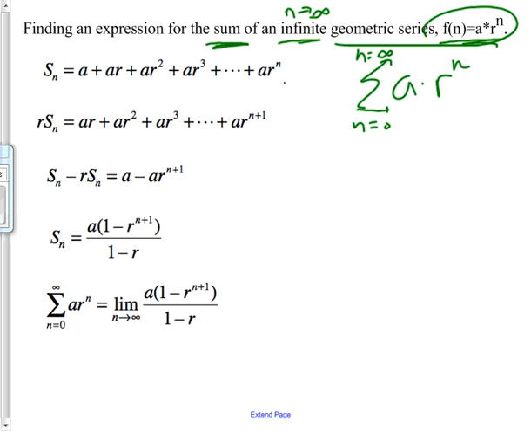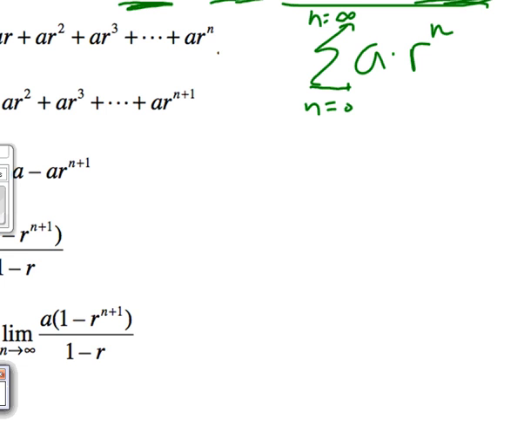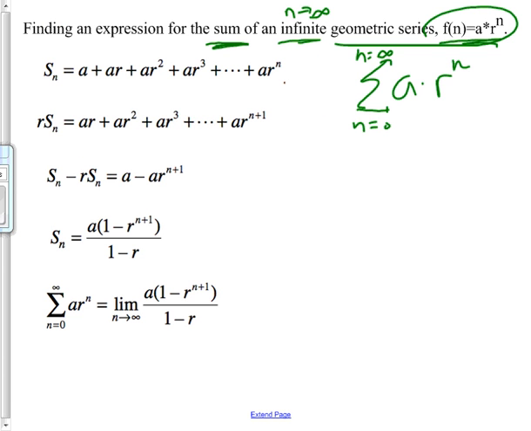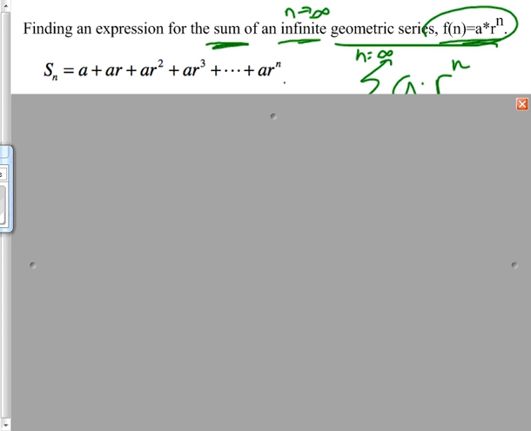I took this from the book, but I wanted to just talk you through how we can find an expression for the sum. So we take our s sub n, and that's just adding up all of the terms in the geometric sequence.